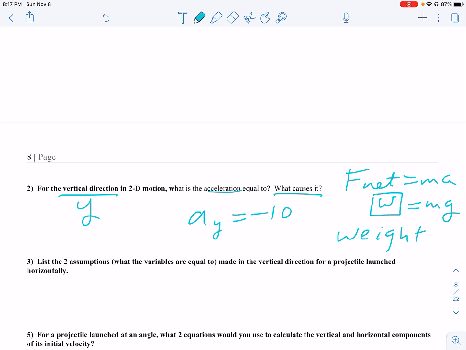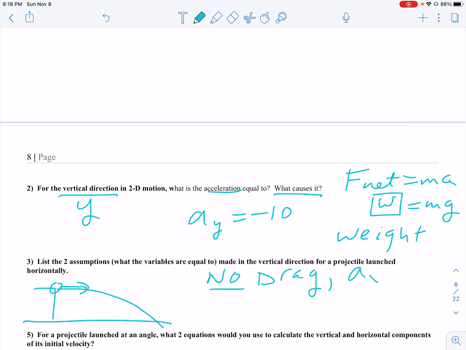List two assumptions made in the vertical direction for a projectile launched horizontally. So I'm talking about this thing. We're assuming that there's no drag, air resistance. So that means AX would have to be 0.